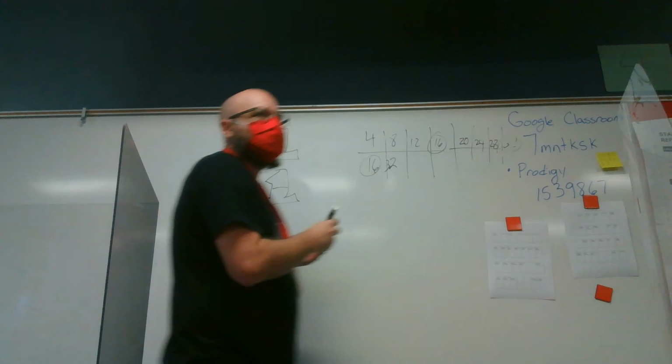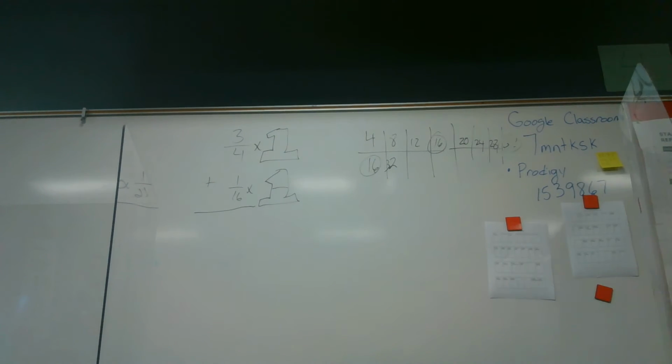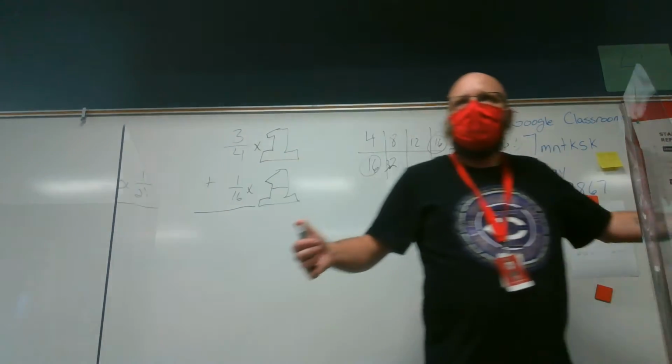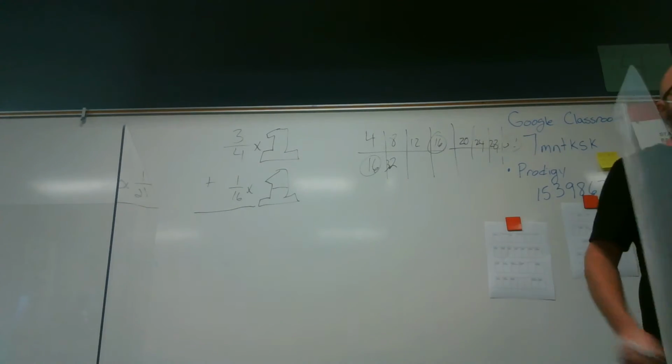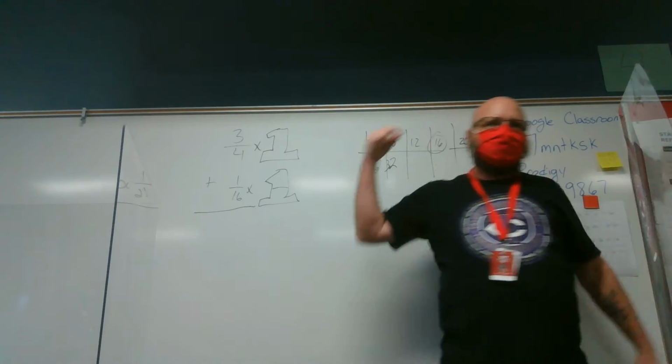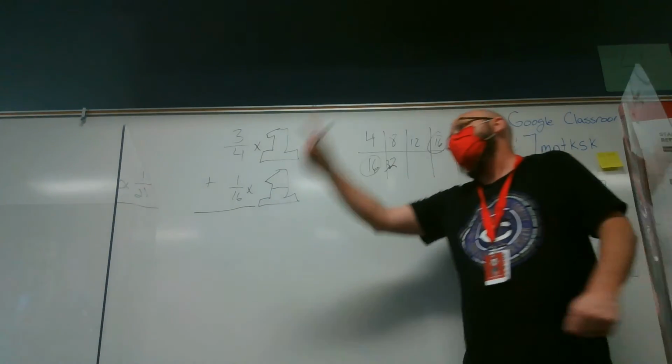So we're going to figure out what fraction we can use that equals 1 to multiply by, because 25 times 1 is 25, and 73 times 1 is 73. It doesn't change the value when you multiply by 1. A fraction that has the same numerator as denominator equals 1.